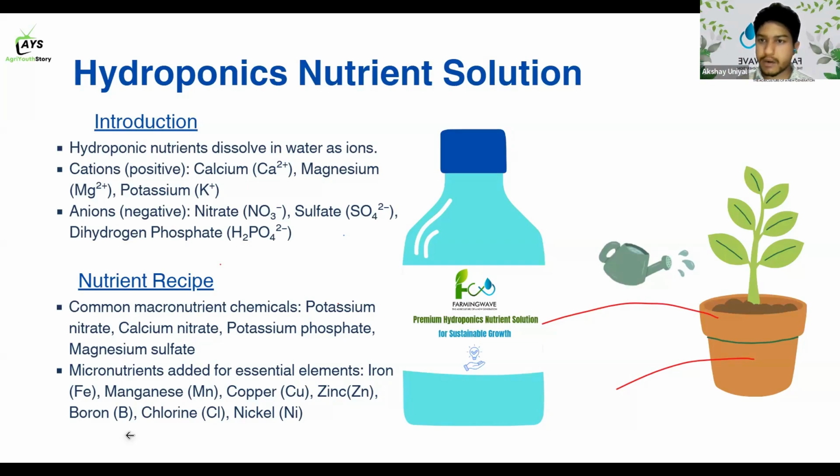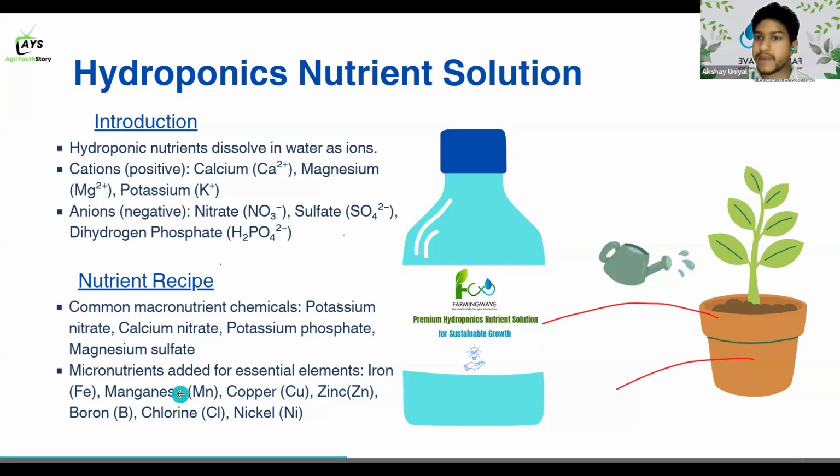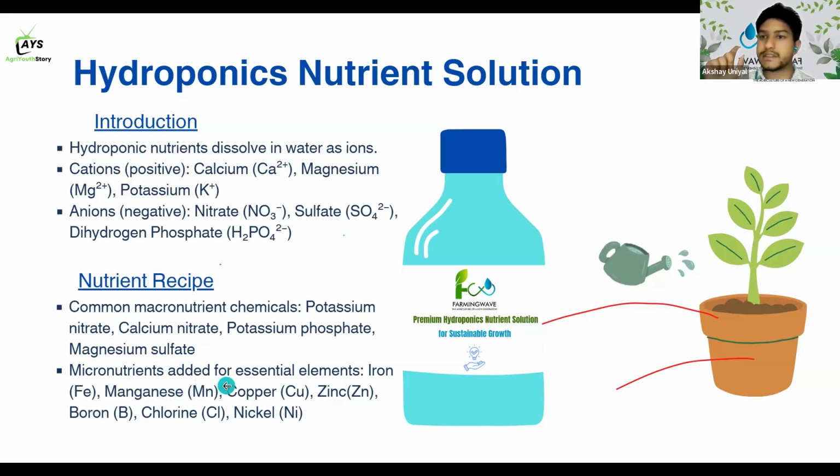Macronutrients are required in larger quantities, the major ones being NPK, that is nitrogen, phosphorus, and potassium. The plant requires them in heavy doses. The micronutrients, although very important for growth, are required in smaller quantities.